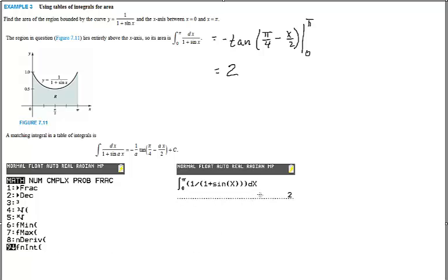This is what I would plug in, and notice that I get the same value, which is a 2. So as long as I'm wanting just a numerical answer, this will work for me. If I was wanting an analytic answer, I would have to use some sort of tables of integration, but I thought I would go ahead and show you that for this one and for the next one.